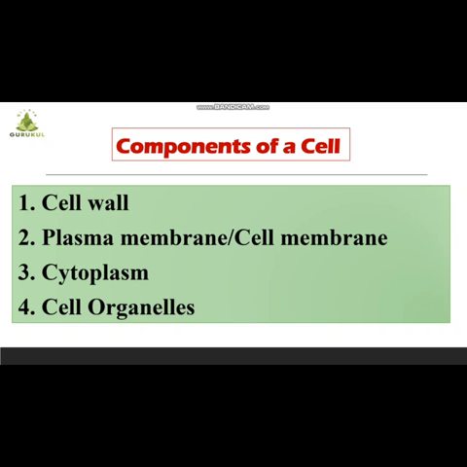First, we have cell wall. Second, we have plasma membrane or cell membrane. Third, we have cytoplasm. Fourth, we have cell organelles. Students, we are going to learn all these 4 subparts in detail in this chapter. So let's get started.